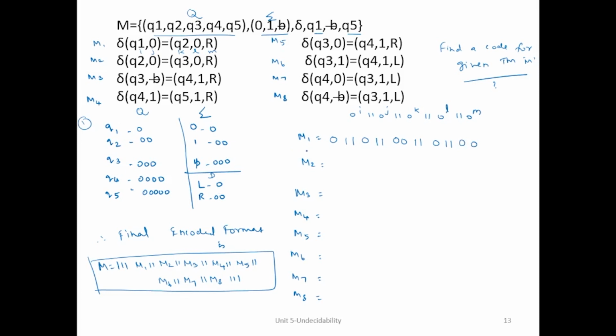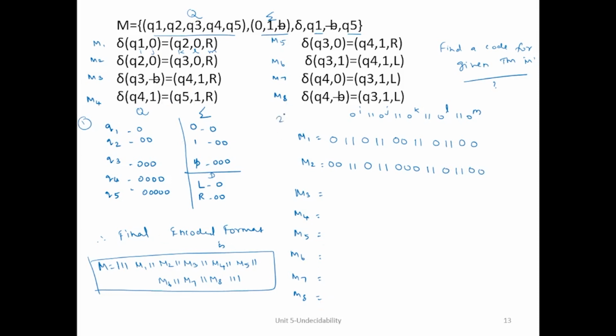So this is M1. For M2, Q2 means double 0, double 1. 0 means single 0, double 1. Q3 means triple 0, double 1. Then L means single 0, double 1. R means double 0. Like that, we should write the encoding format for all these 8 transition functions.